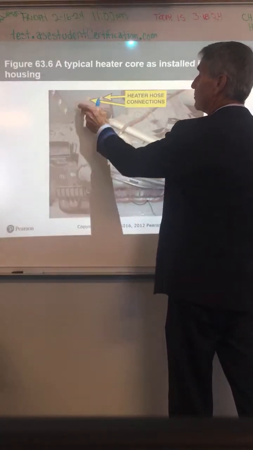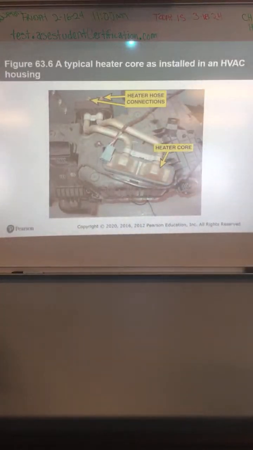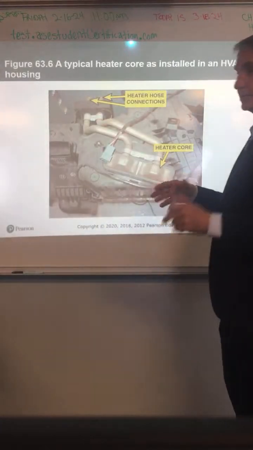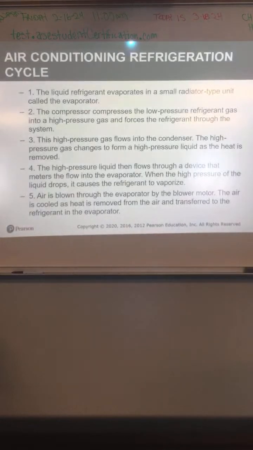The heater hose connections go out here, which you would see under the hood. That's where your heater hoses go into the firewall. Those heater hoses direct coolant right into your heater core. The heater core is just like a mini radiator. It doesn't cool anything, it just looks like a small radiator.